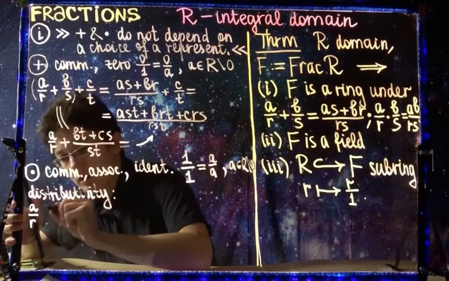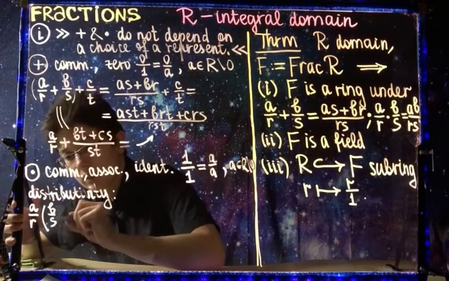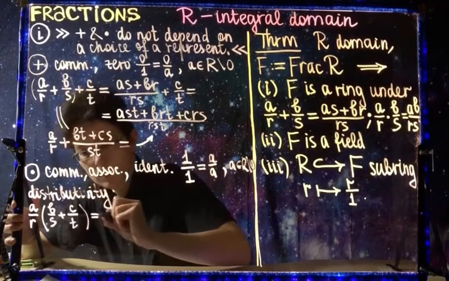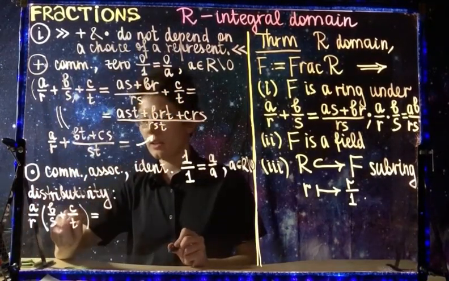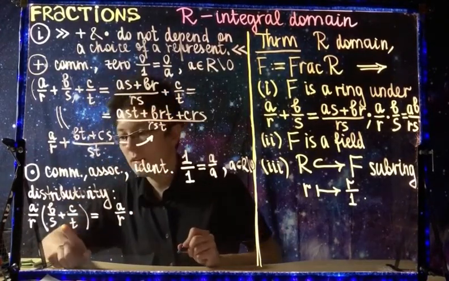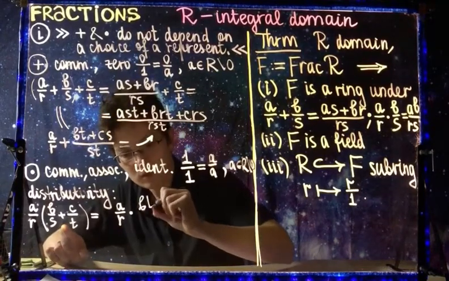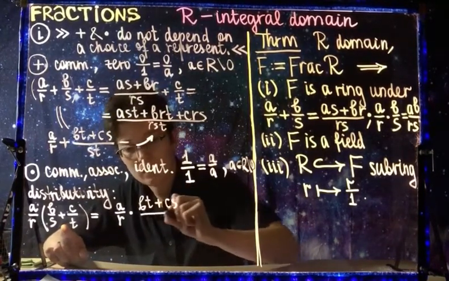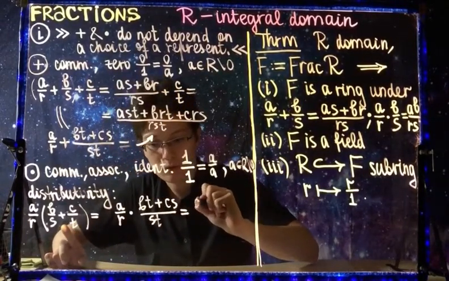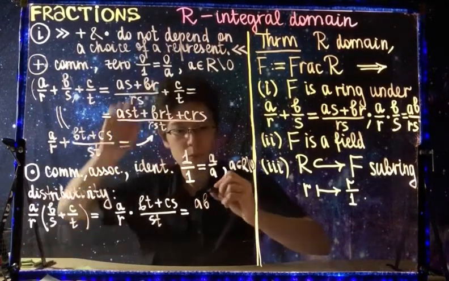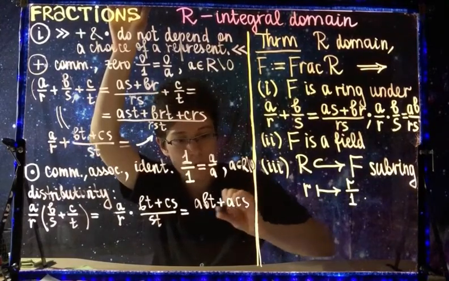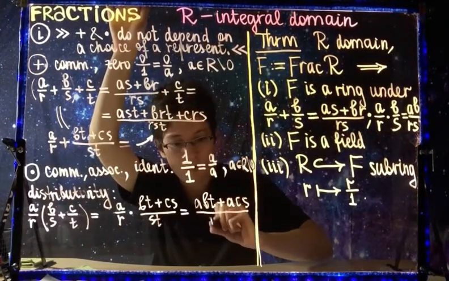A over r times b over s plus c over t. First, let's calculate the sum here. It is equal to a divided by r times bt plus cs over st, which is equal to a bt plus a cs divided by rst.